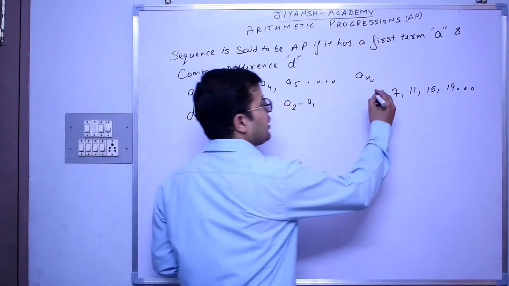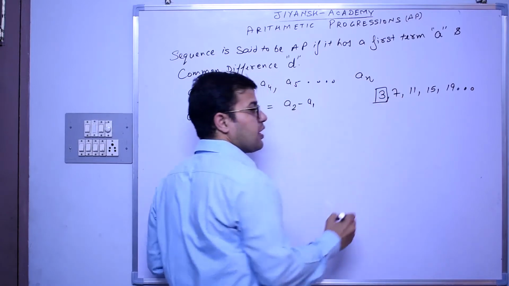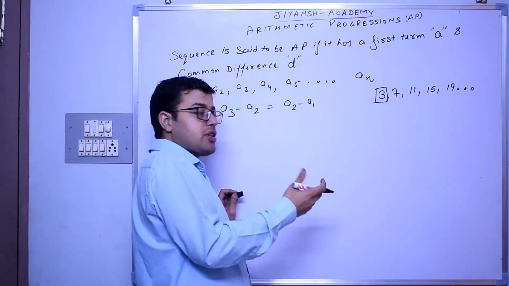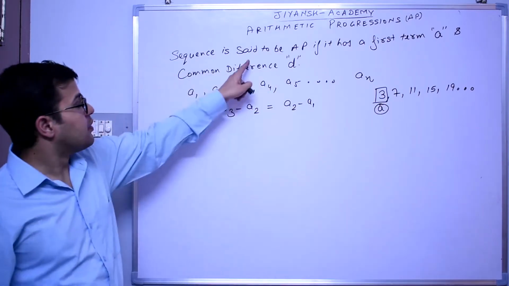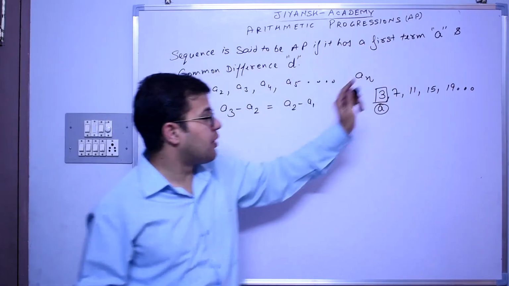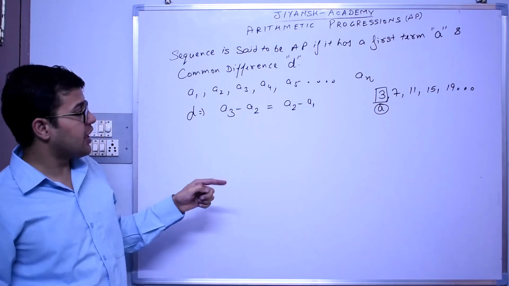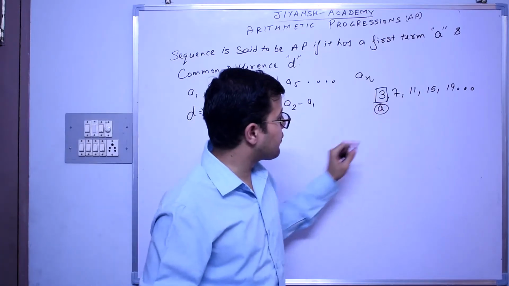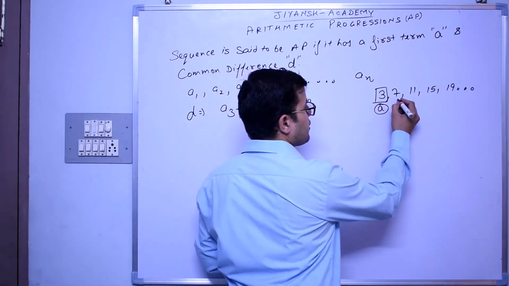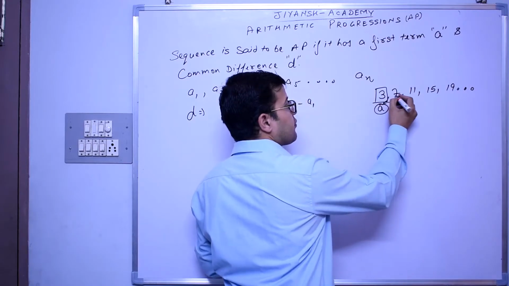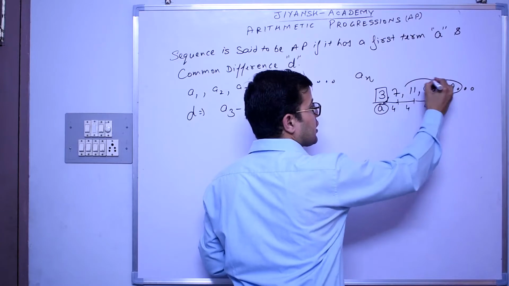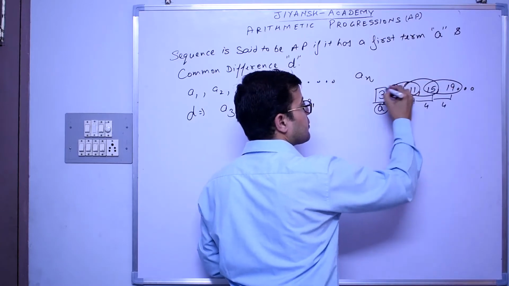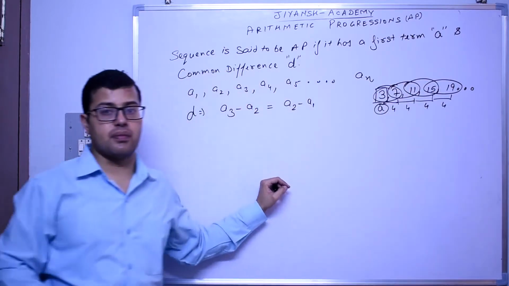Since the sequence begins with 3, this will be my first term, that is denoted by A. Then I will check the difference of the consecutive terms. If I subtract the first term from the second, I get 4. The difference between the consecutive terms is equal, right?